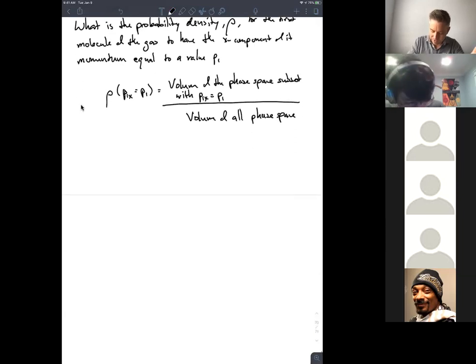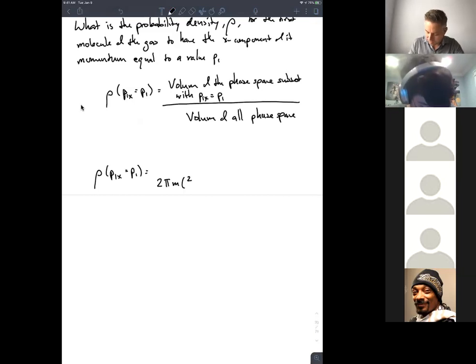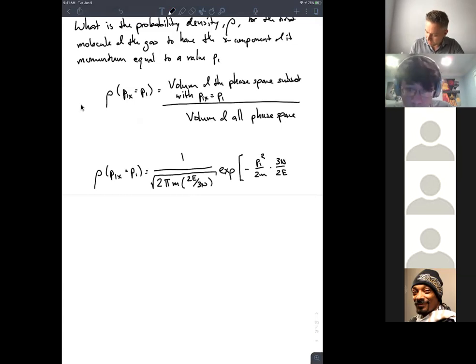The answer we got was that the probability density for one molecule in this gas to have one component of its momentum equal to some specific value was equal to the square root of 2 pi m times 2E over 3N, times the exponent of minus P1 squared over 2m times 3N over 2E. Okay, so that was the answer.